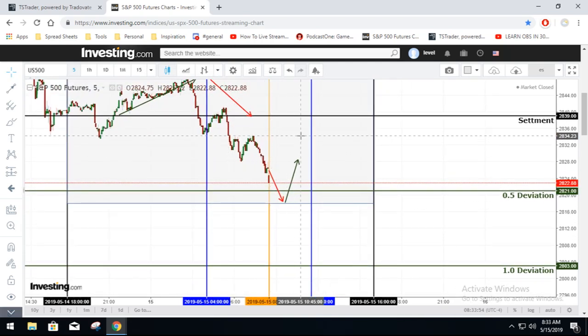Then we might see a second step from 30 to 32 back to the downside.